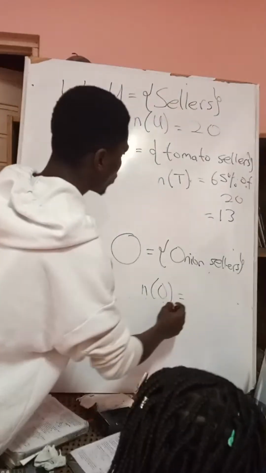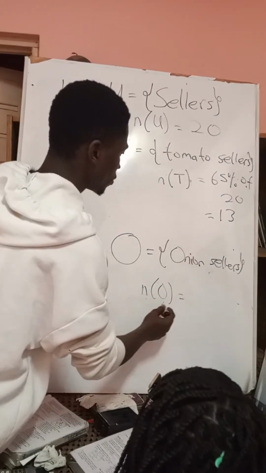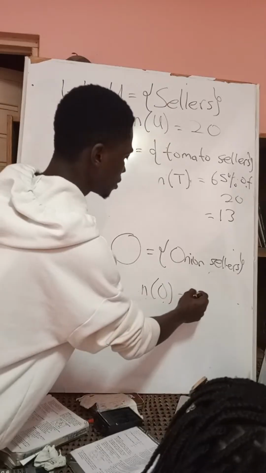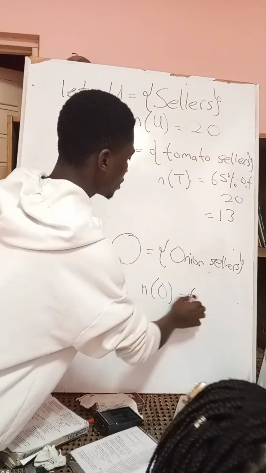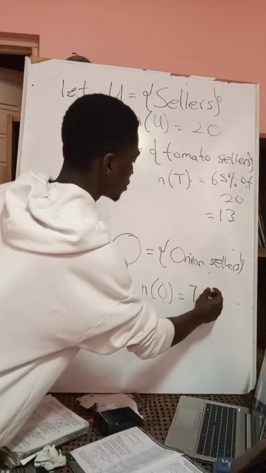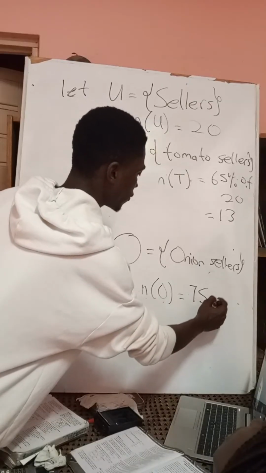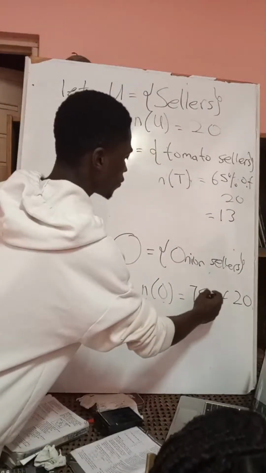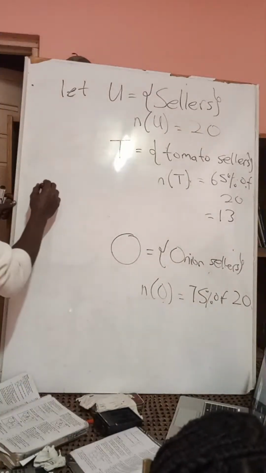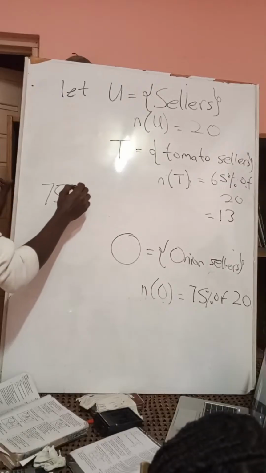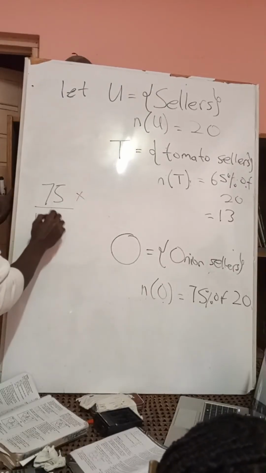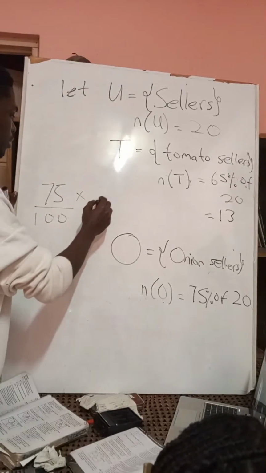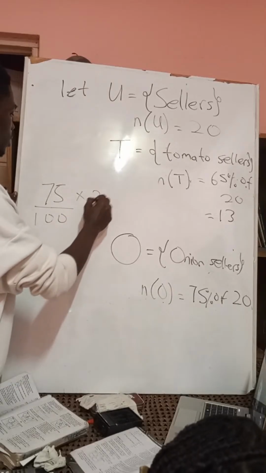So hereby, this one will be equal to what? Number of onions, 75% of 20. 75% of 20 is the same as 75 out of 100 times 20.